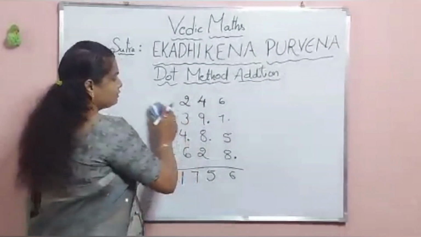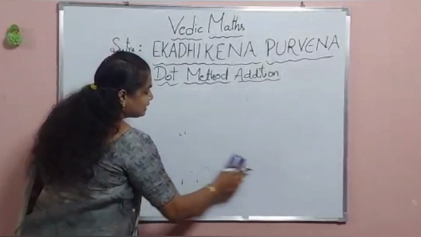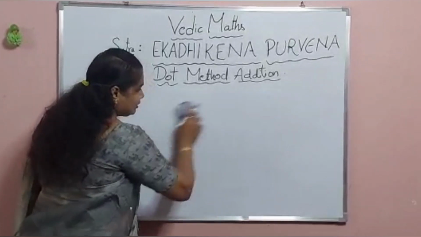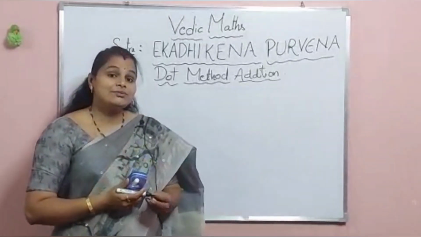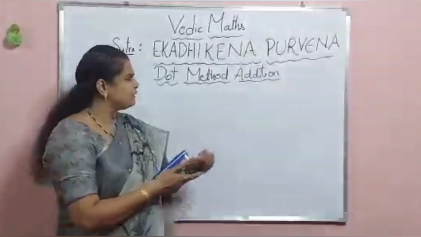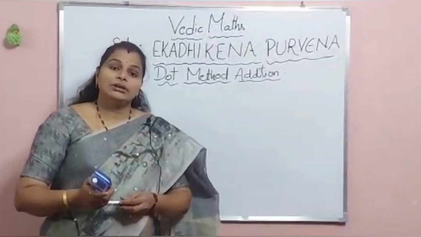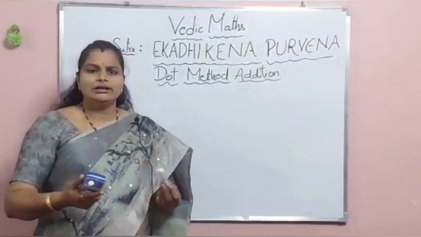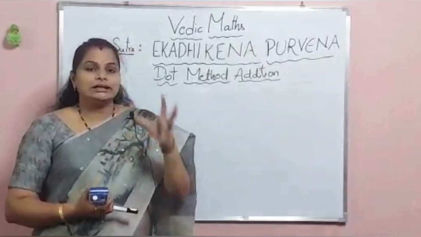Simply you can try this kind of dot method addition, keeping a dot whenever the answer comes in a double digit number. Not only 3 digit, you can also try 4 digit, 5 digit, 6 digit. Digits don't matter.